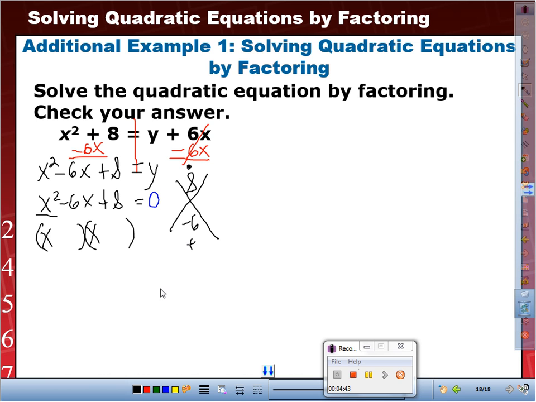Isaac: Negative 2, negative 4. So therefore x minus 2, x minus 4, and all that equal to 0. Why? Because we are at where? Quadratic equations. We're not at quadratic expressions. Are we there so far? Fairly simple?